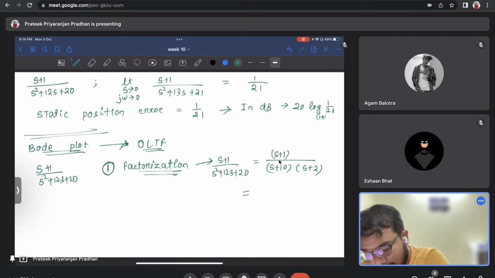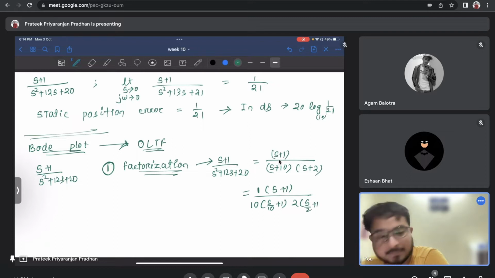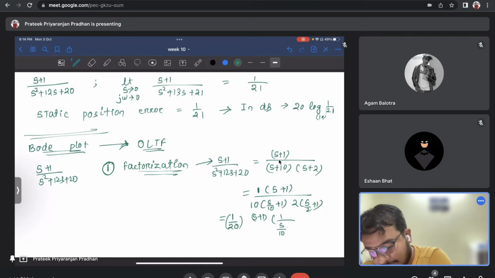So 1 into s plus 1 whole divided by 10 into s by 10 plus 1 into 2 into s by 2 plus 1. Then I will get 1 by 20 into s plus 1 into 1 by s by 10 plus 1 into 1 by s by 2 plus 1.